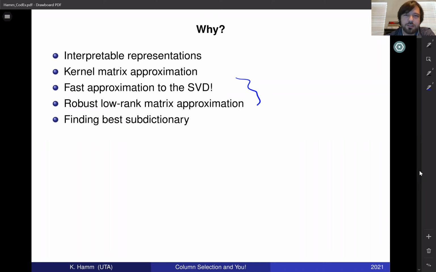And then the last one I just mention because there was a talk in this series a few weeks ago by Karen Schnass that was very interesting. She was discussing randomly sampling elements of a dictionary. These ideas are related to each other, and there's some back and forth that could be done in that area.